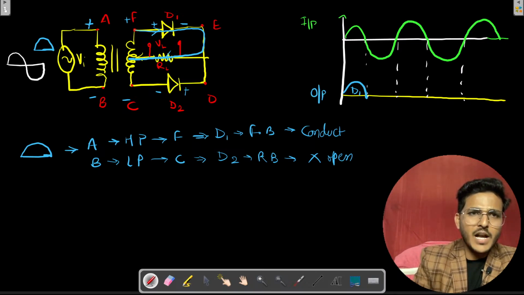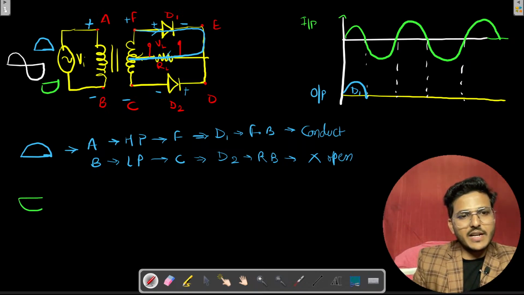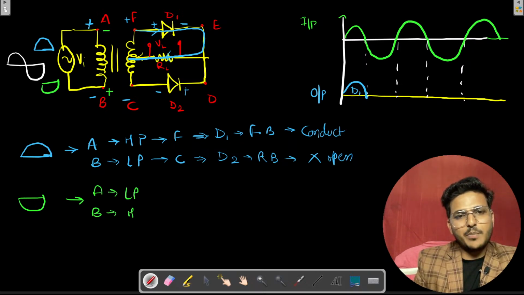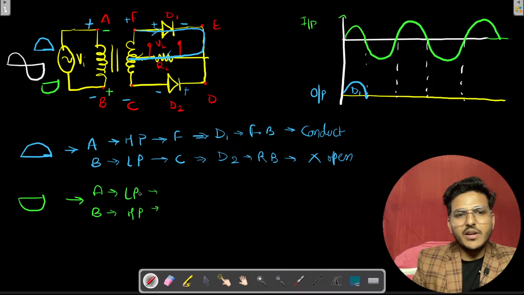Now I'm using a different color for the next waveform, that is green, right? See, if I'm considering this negative half, at the negative half, B is at higher potential, A is at lower potential. This is basically the transformer, so F and A have the common potential, C and B have the common potential.